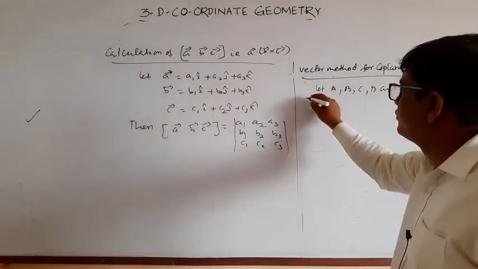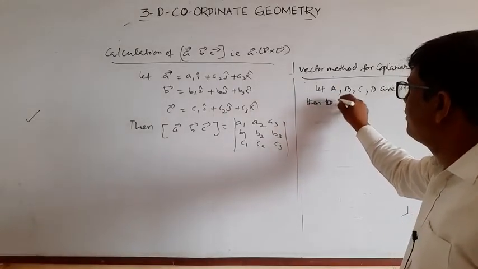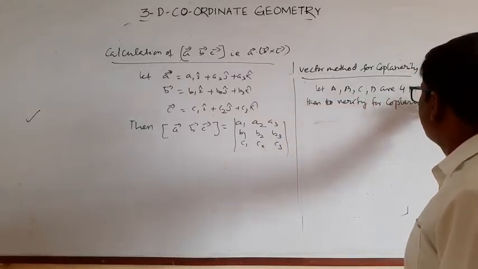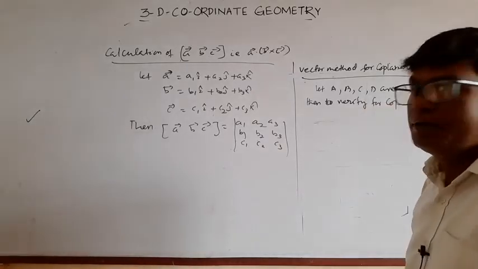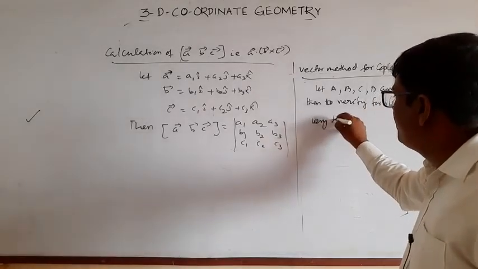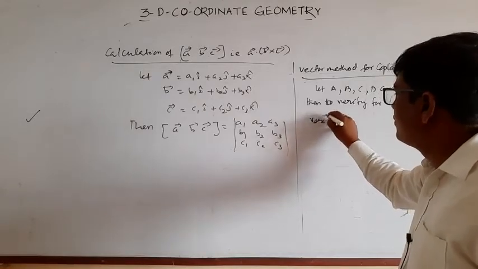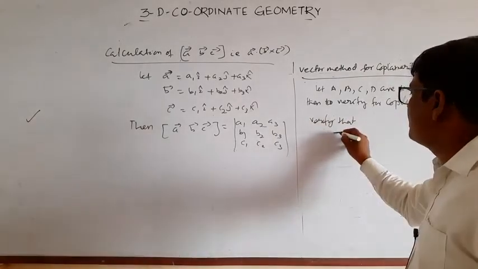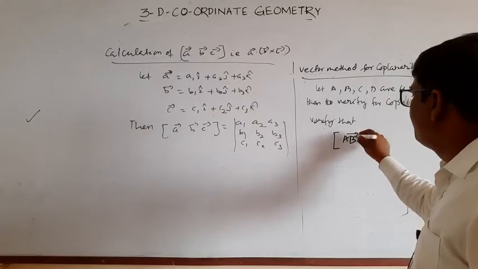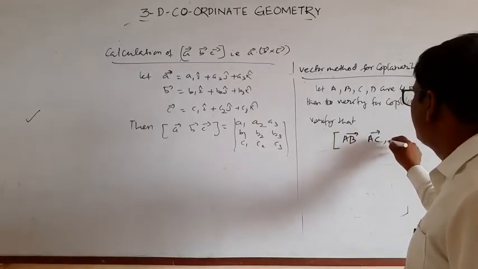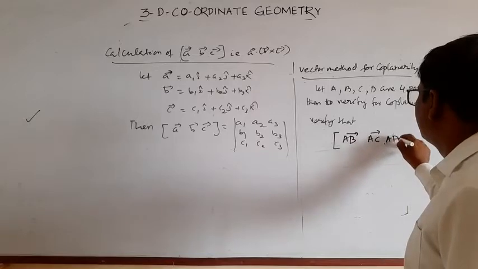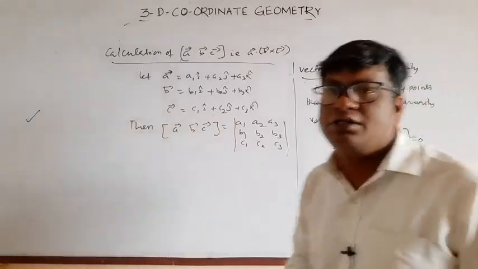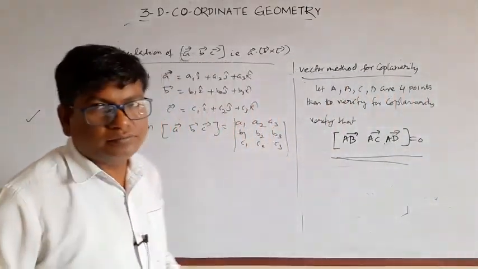Then to verify coplanarity, verify that the scalar triple product of AB, AC, AD is 0. This is the vector method of coplanarity of 4 points.